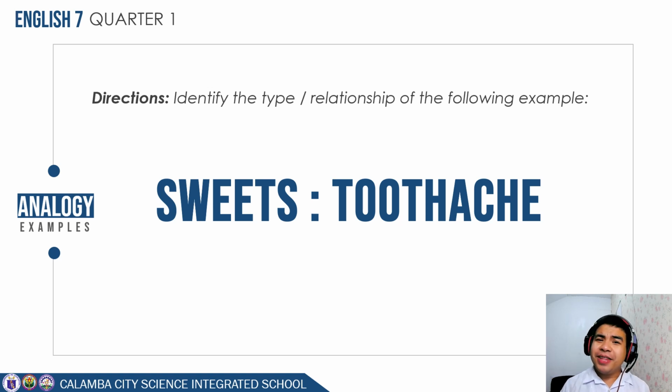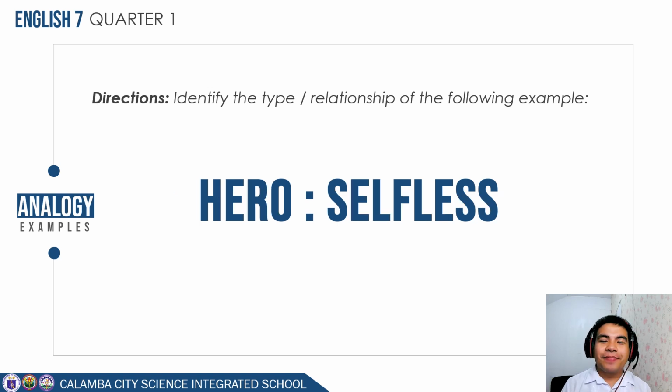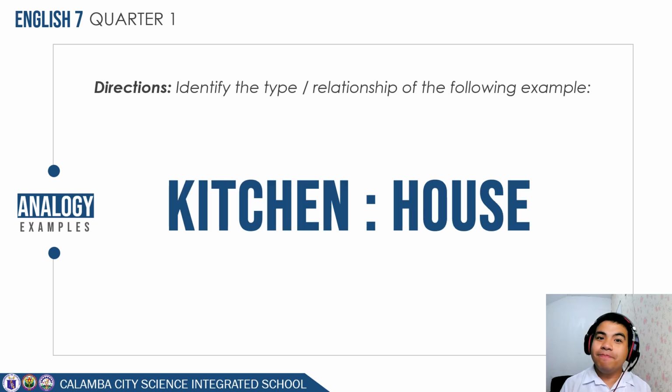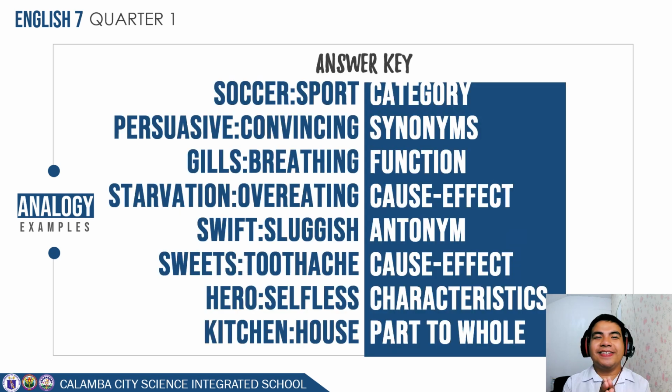Are you familiar with this? Okay, moving on. Hero is to selfless. Next, kitchen is to house. Do you love to stay in the kitchen of your house? That may be a clue.